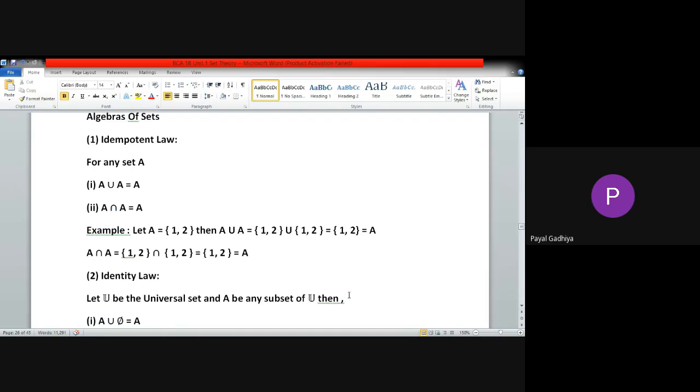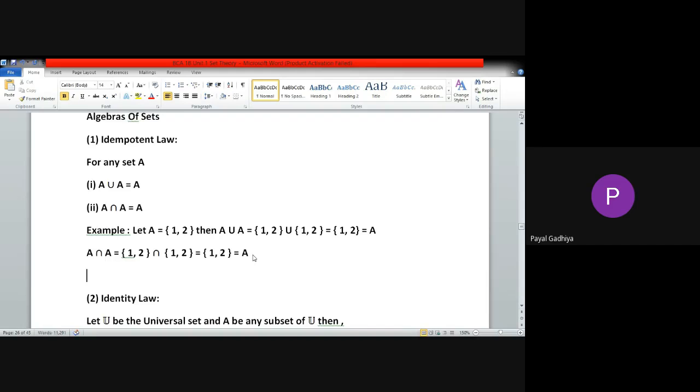See, I am having one set. I'm taking over here. This is A equals 1, comma 2, comma 3. And I am having one more set which is null set. Okay, let me do this.